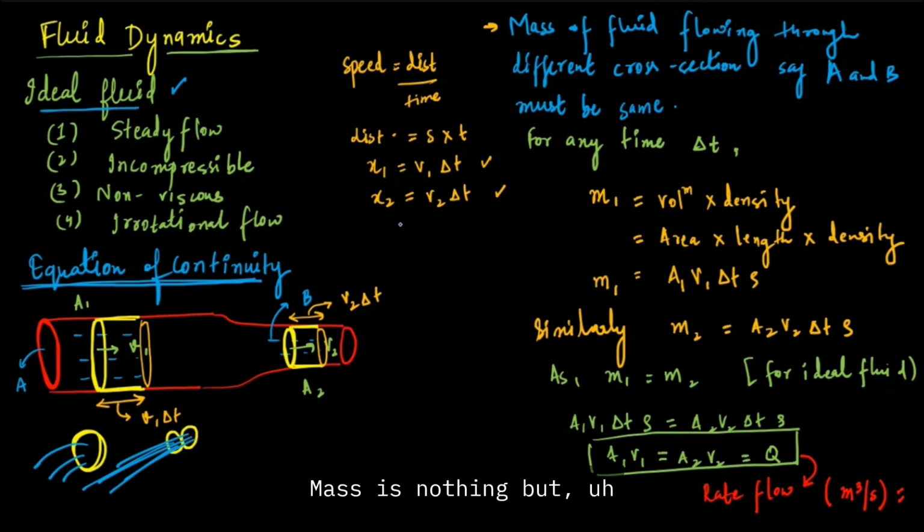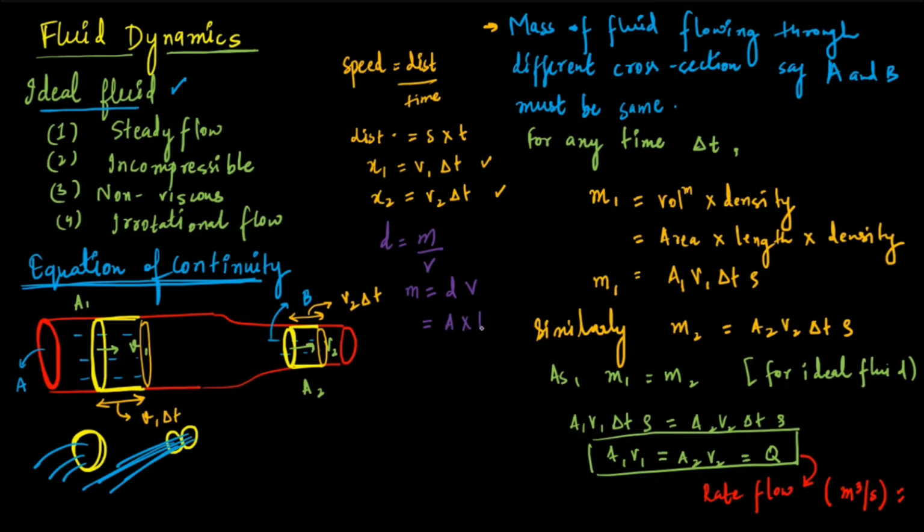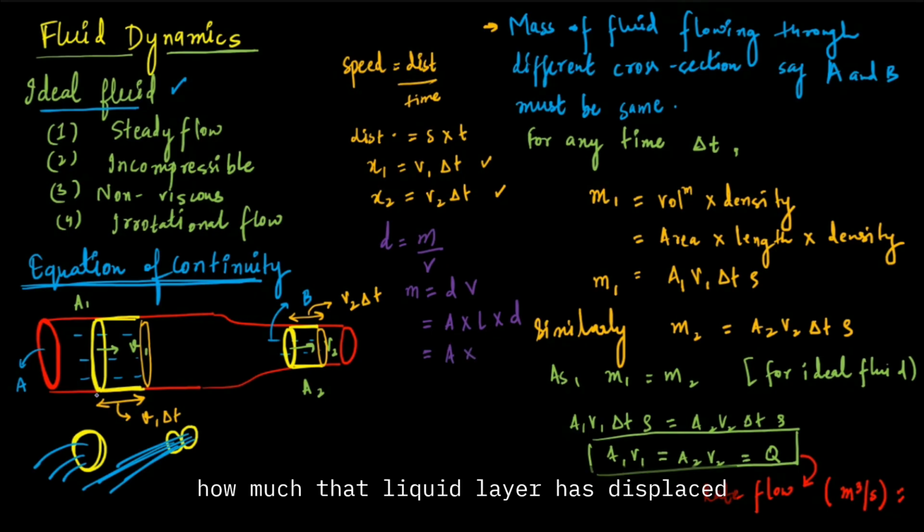What is mass? If we talk about density, density is nothing but mass over volume. So mass is volume times density. Volume is area times length. Now, what is length? Length is basically how much that liquid layer has displaced.